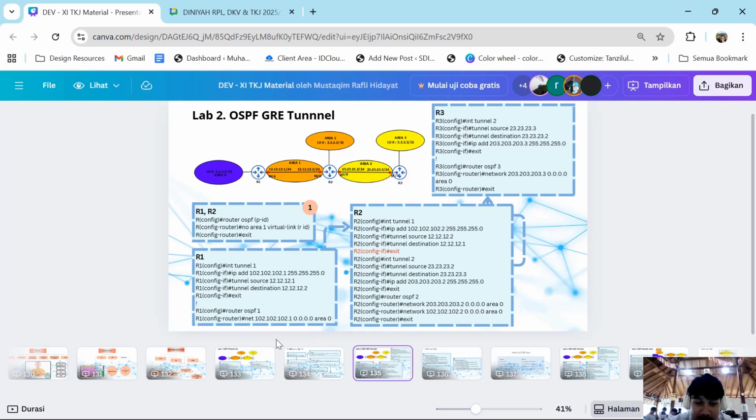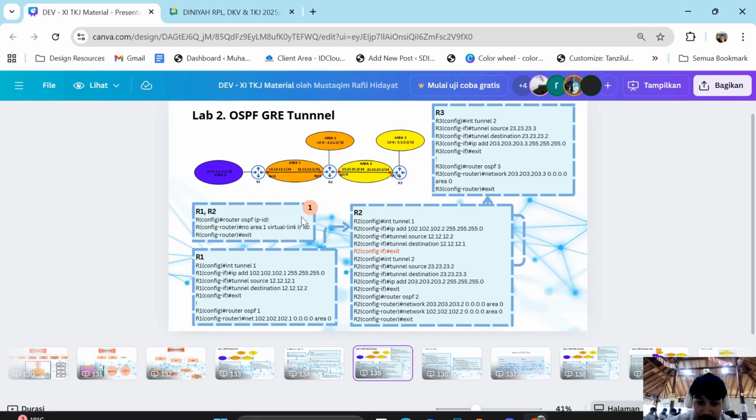What is this? It means that all of the bridges go to the backbone area. So we have to add area 0 or the backbone area. So that's the point.